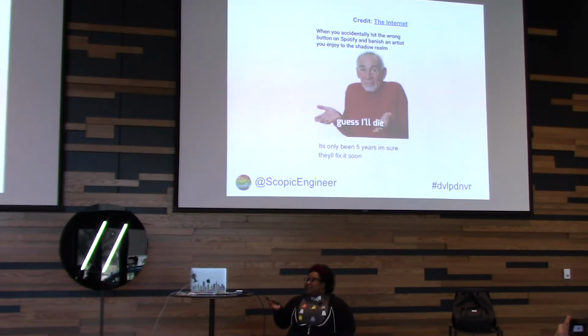On the screen is this guy in a cool red turtleneck, and the caption is, "When you accidentally hit the wrong button on Spotify and banish the artist you enjoy to the shadow realm." And the guy's just shrugging his shoulders, saying, "I guess I'll die." And then it's like, it's only been 5 years. I'm sure they'll fix it soon.